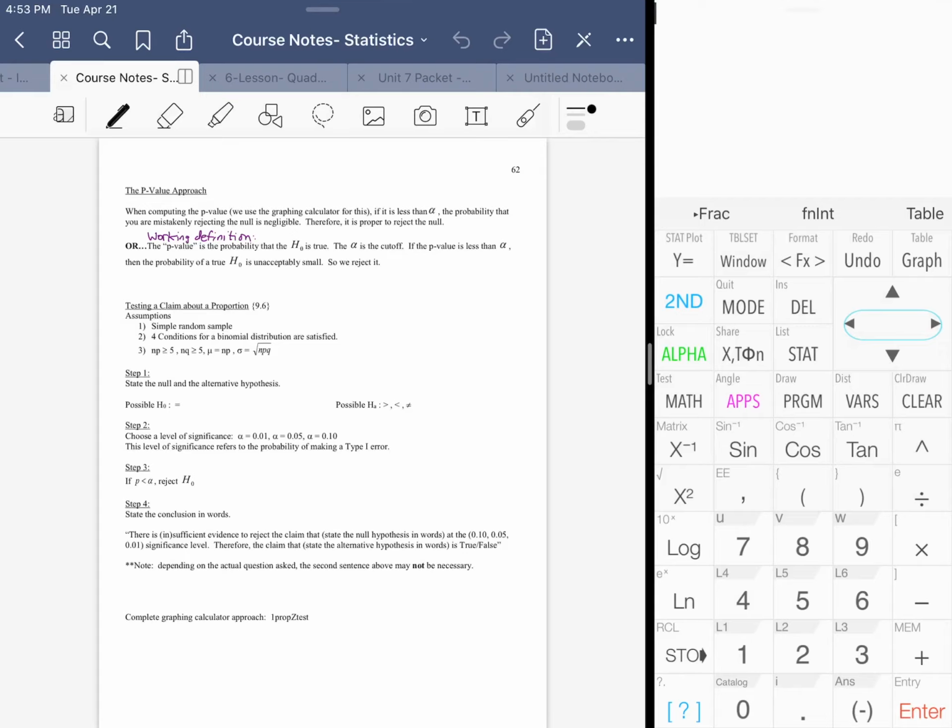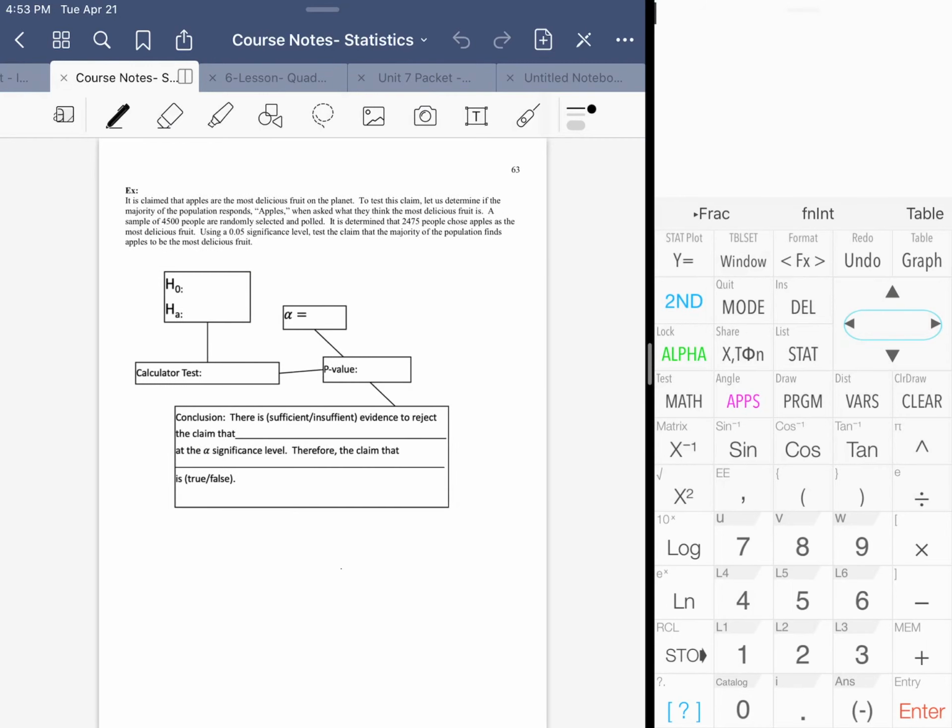There's no playing fast and loose with the rules here. Don't overthink this. If you can't fit your conclusion into this template, then you did it wrong. That's really all it's going to come down to. So let's take a look at an example on the next page, and I'll show you how this all plays out.